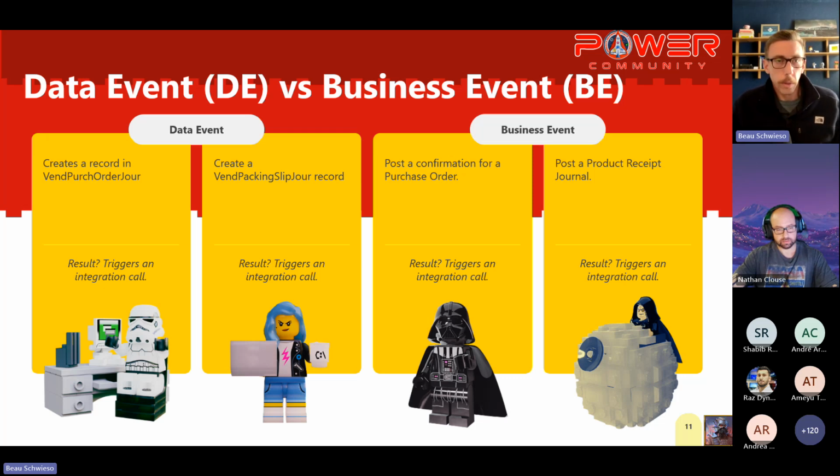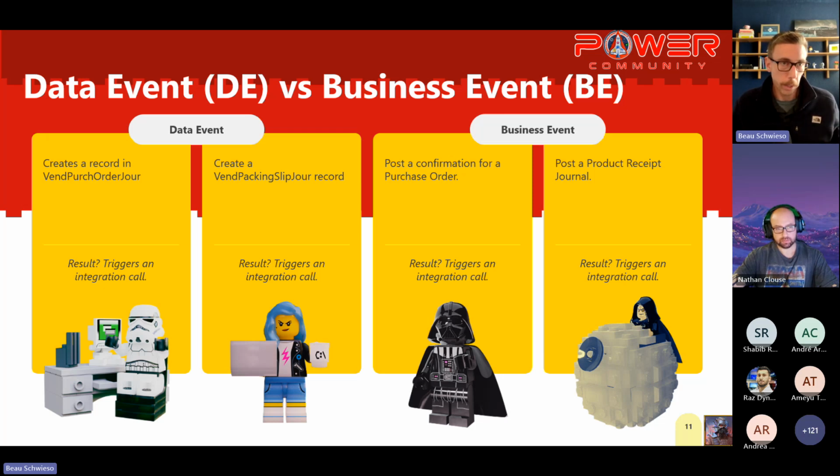So let's talk about the differences between data events and business events. Over on the left, we've got a couple examples. We've just created a record in VendPurchOrderJour and our VendPackingSlipJour, which is our confirming a purchase order and our product receipt. The result you'll see on the bottom is exactly the same, or that's what it suggests, right?